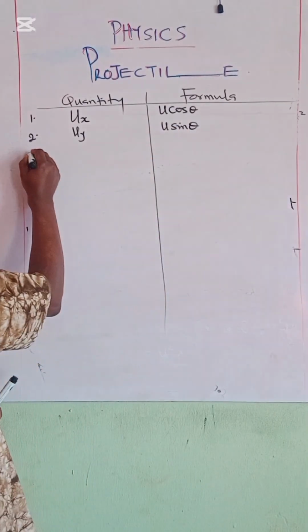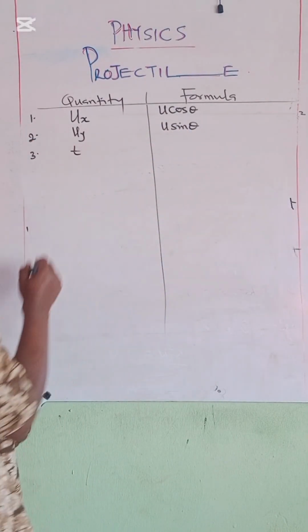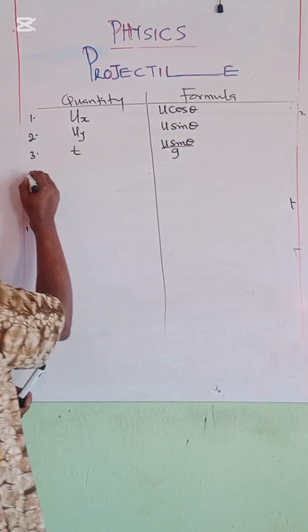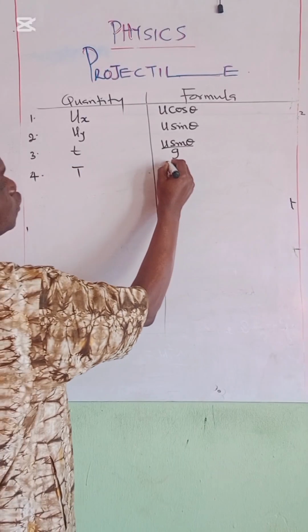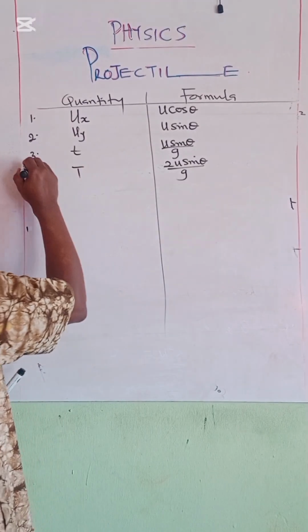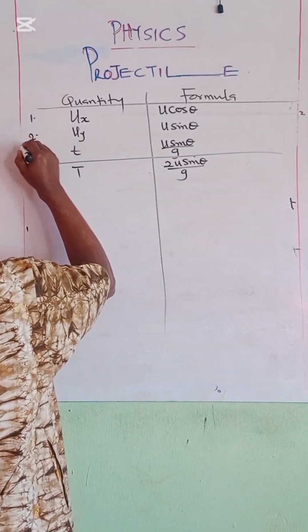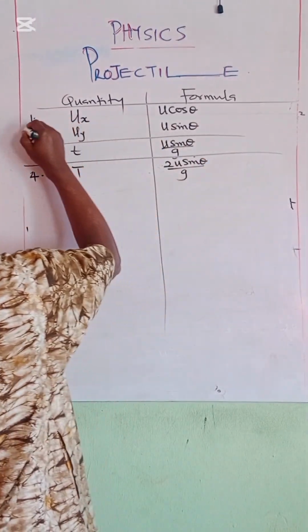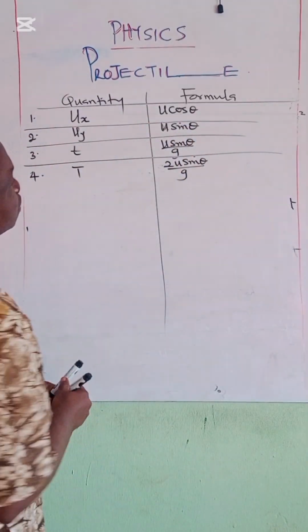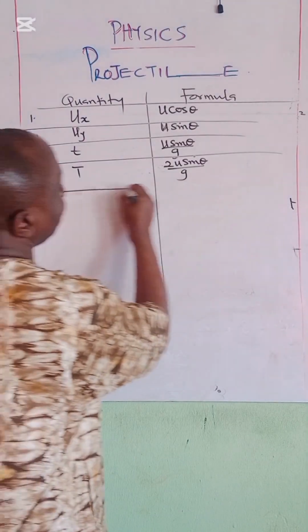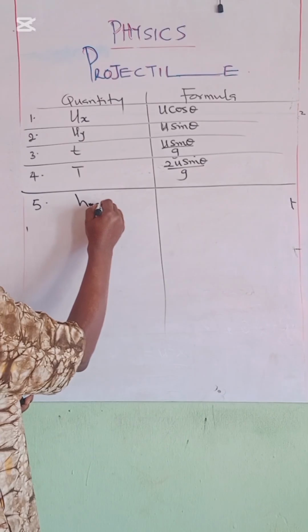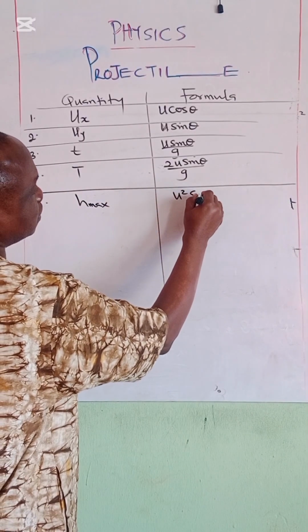Three, we derived the time taken to reach the maximum height. We call it U sin theta all over G. We derived the total time of flight to be 2U sin theta all over G. Five, maximum height H maximum we derived to be U squared sin squared theta all over 2G.